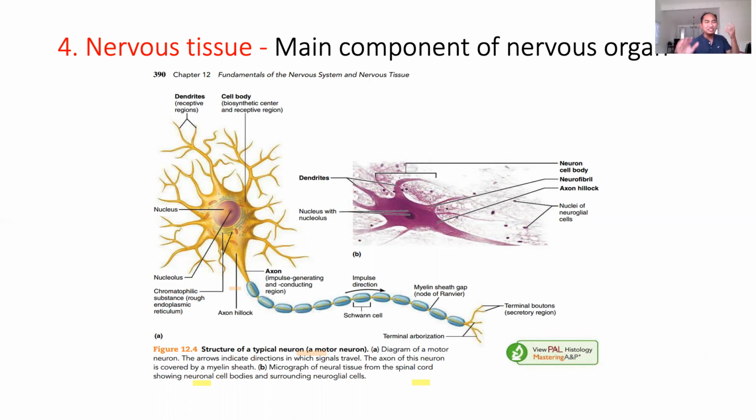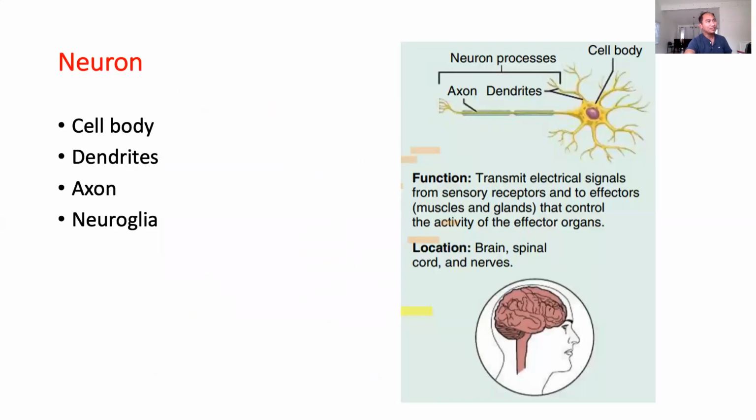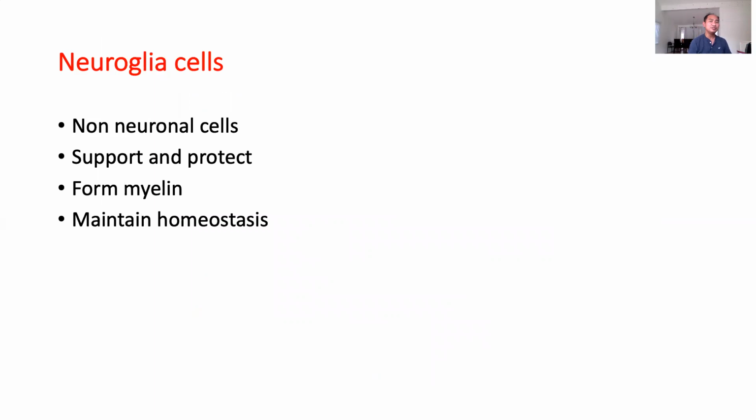So now you can see the difference: in nervous tissue you need to see the neuron. You can see the muscles, the 3 types of muscle, which have nothing to do with the connective tissue or the epithelial tissue. So neuron, cell body, dendrite, axon, they are supported by the neuroglia cells. What are neuroglia cells?